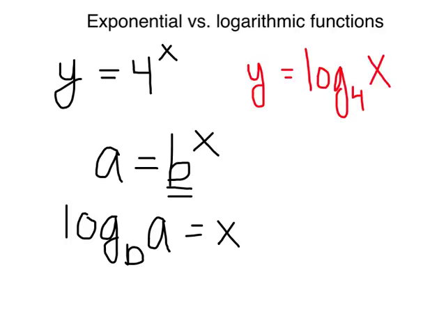So these two are interchangeable forms of each other. I like to think of a logarithm as the power in the exponential equation. So here I have x, my x is equal to log base b of a. Log base b of a represents the power in the exponential expression.